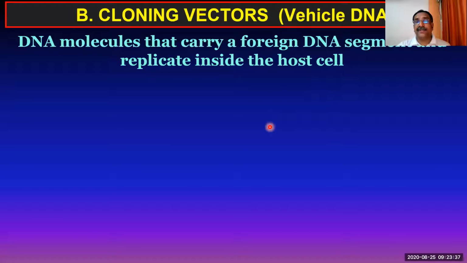I'll continue the topic. Today's session, we have to take the second tool, which we call cloning vectors or vehicle DNA. What do you mean by cloning vectors or vehicle DNA?